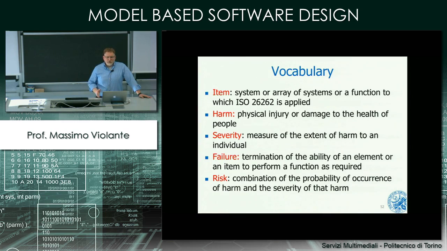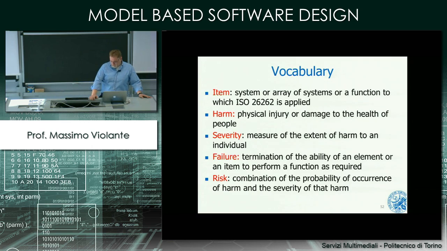We have to put to work some functional safety techniques, so we have to add functionalities in such a way that we are able to cope with that risk. So that even if the item could break and could stop working properly, we will have ways of mitigating the harm that could result from that failure.